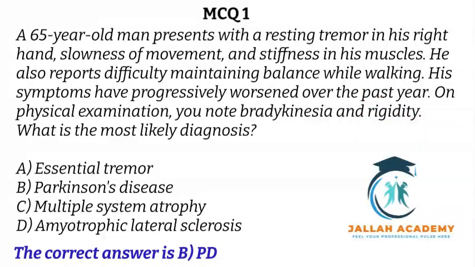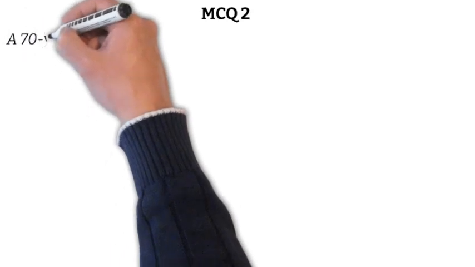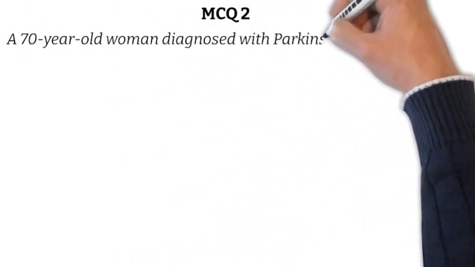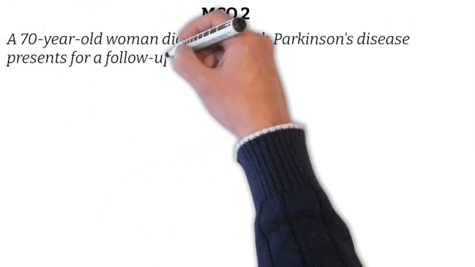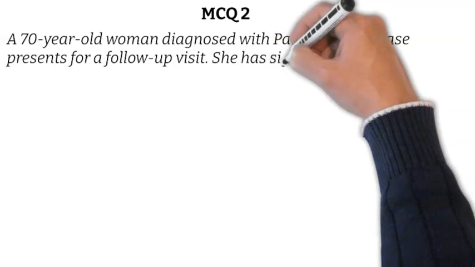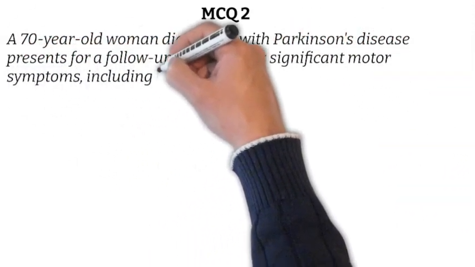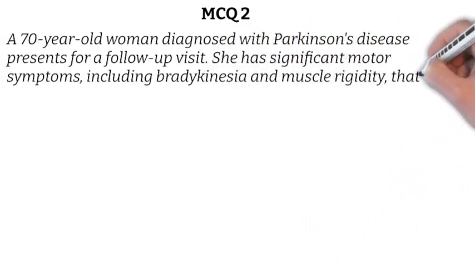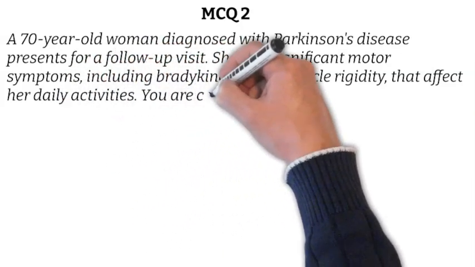Let's move on to the last scenario of this lecture. MCQ number 2: a 70-year-old woman diagnosed with Parkinson's disease presents for a follow-up visit. She has significant motor symptoms, including bradykinesia and muscle rigidity, that affect her daily activity.